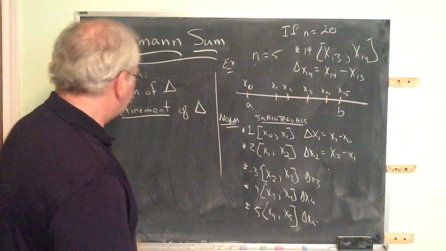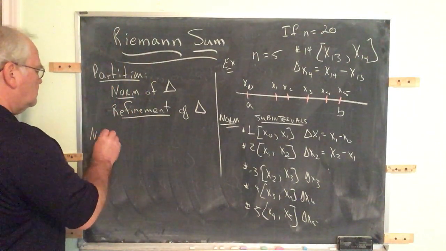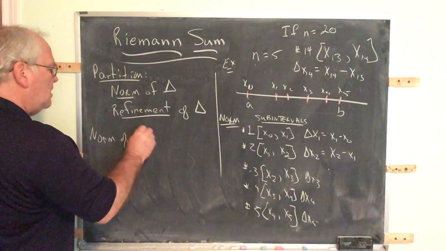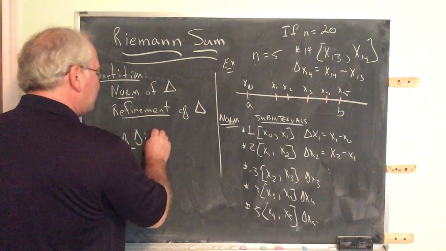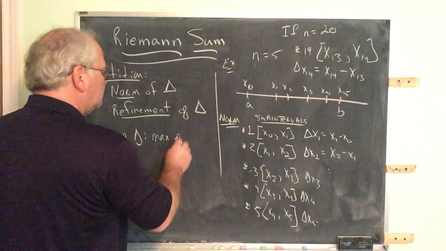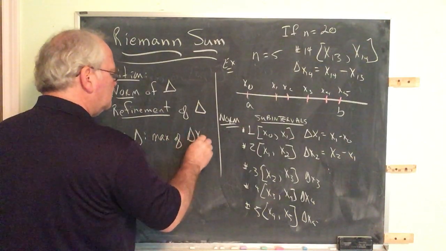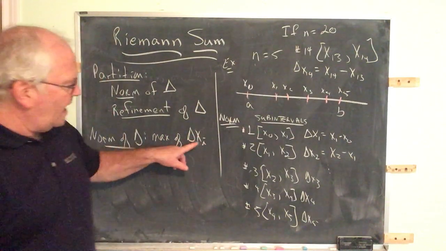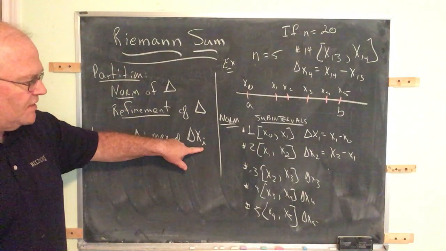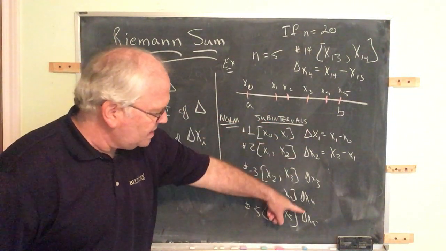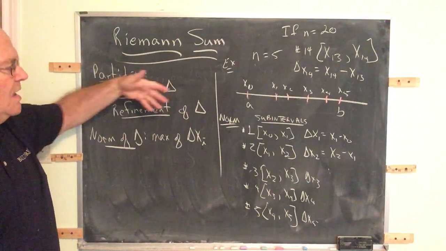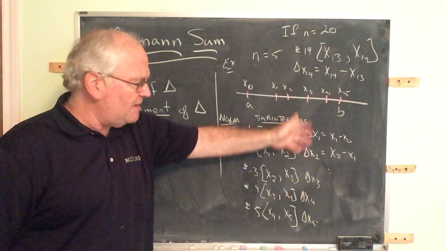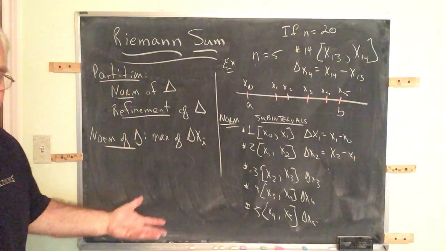The norm. The norm of delta is defined to be the maximum of all of the delta x sub i's, which means essentially all of them. So of all these delta x's, you pick the largest. That is the norm. It's possible that there may be 2 or 3 of them that are tied for the largest.